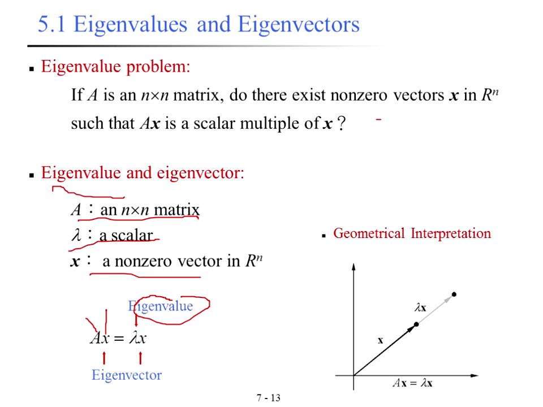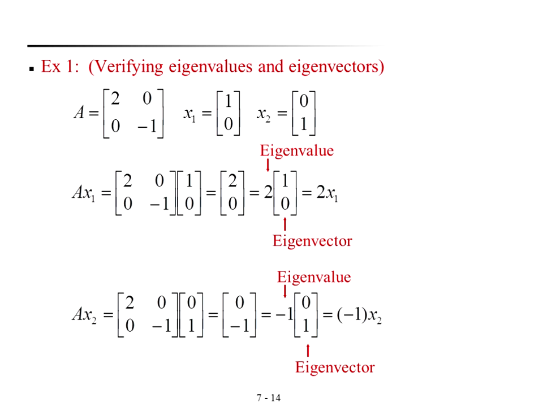Geometrically, what happens when we find the eigenvalue? It will change the size of the vector. Lambda x means if we multiply lambda to the x, then it will increase the size of the vector. So it is called the eigenvalue. This is the geometrical interpretation of eigenvalue. So let us verify the eigenvalues and eigenvectors.